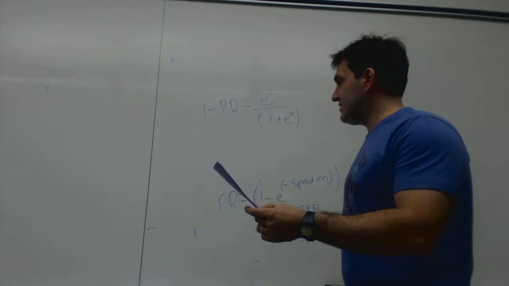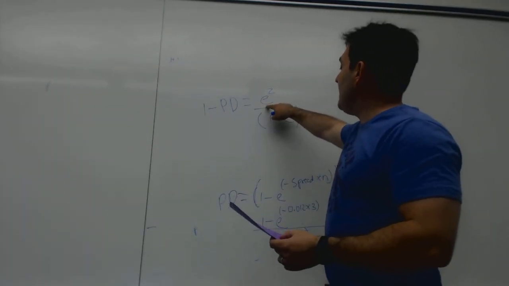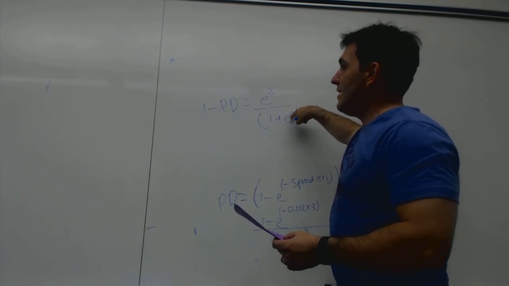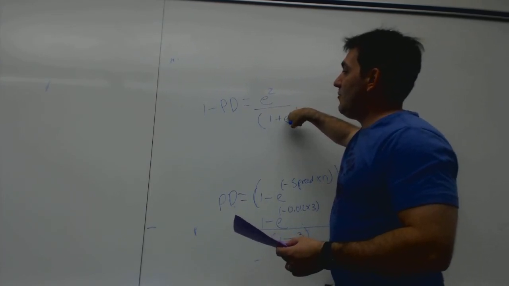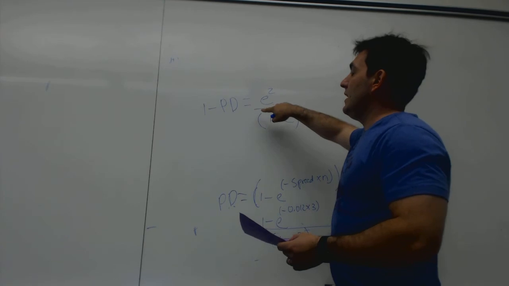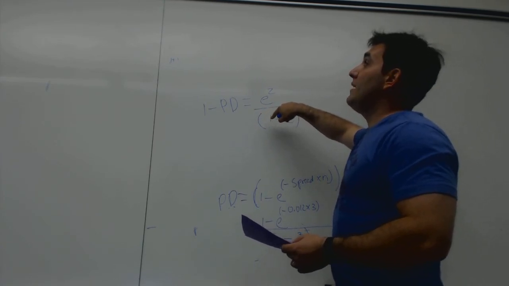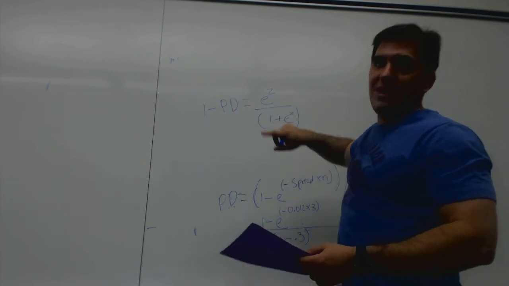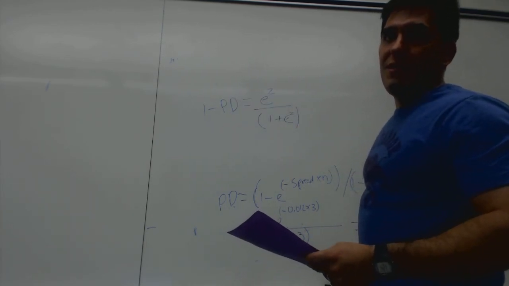So Apple 5.6: e to the 5.6 divided by 1 plus e to the 5.6, minus 1, and we get the probability of default. You just plug it in and do the arithmetic.